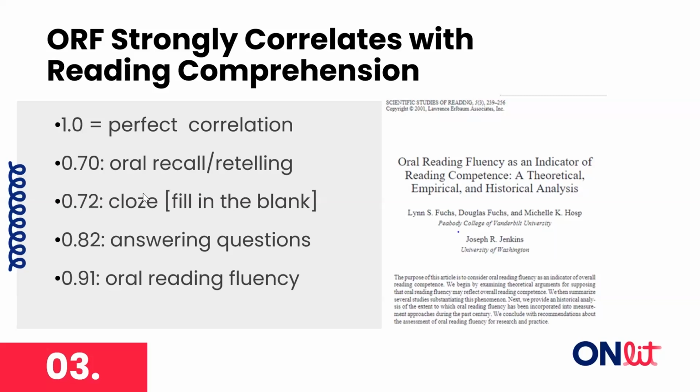Several studies have been conducted to clarify the relationship between oral reading and general reading proficiency, which includes comprehension. Reading aloud has been found to be a better indicator of reading comprehension than other typical comprehension measures, like answering questions or engaging in a cloze procedure.